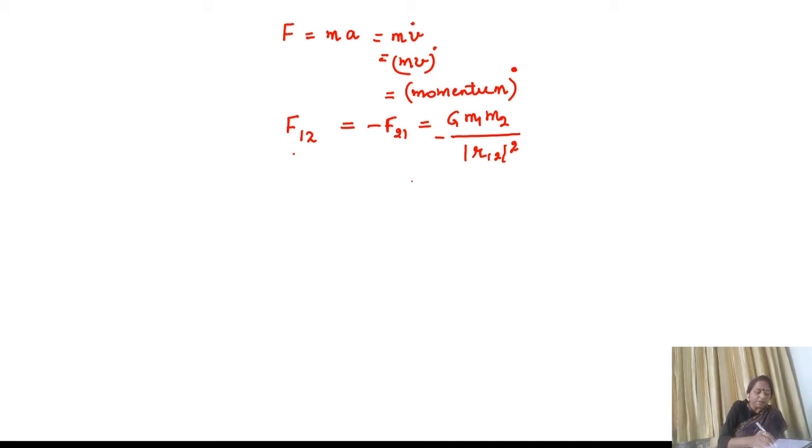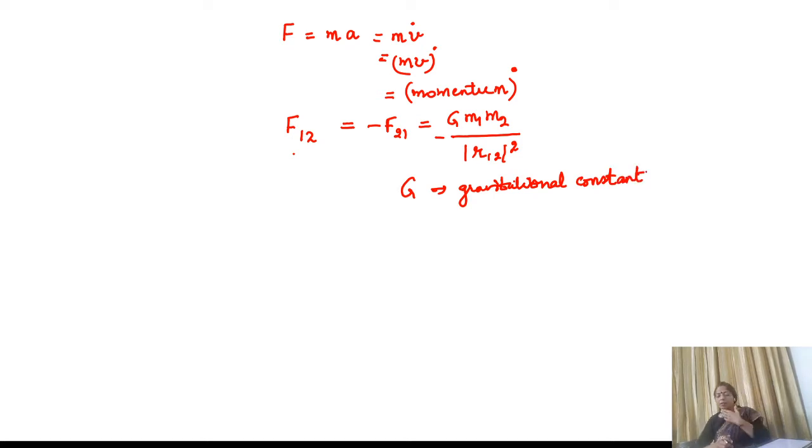G is the gravitational constant, m1 and m2 are naturally the masses of the two bodies, and R12 is the distance between them.